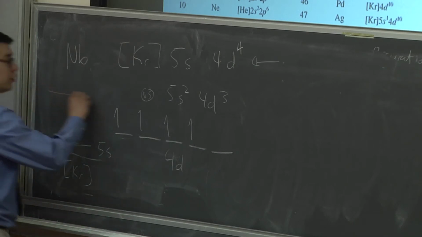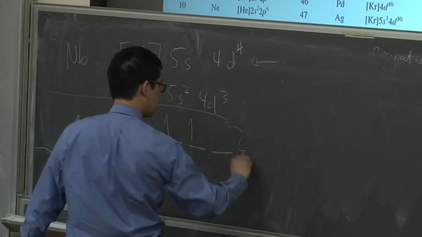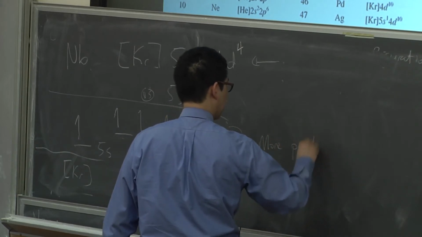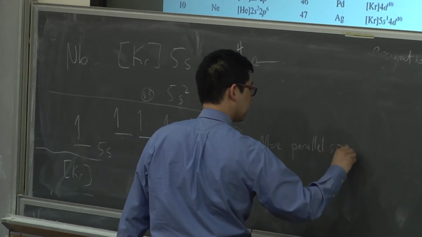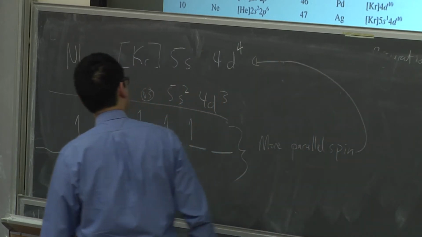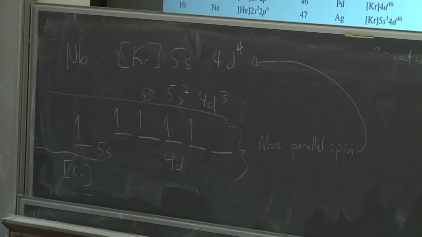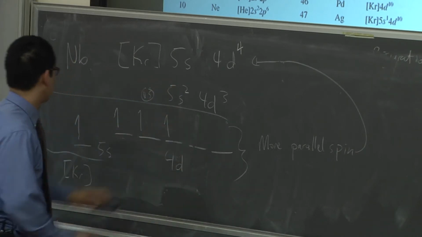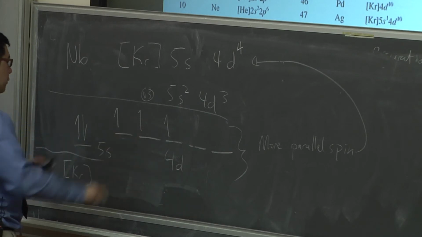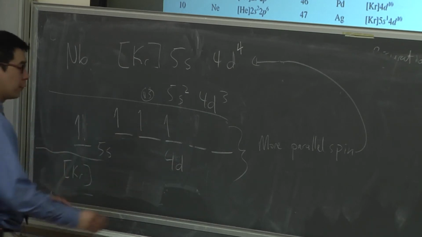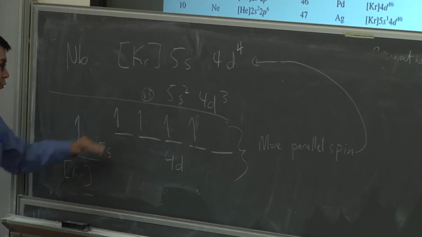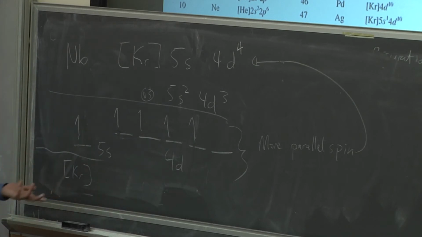So what this enables you to do is get more parallel spin here, in the 5s1 and 4d4. 5s2, 4d3 would have left us like this, only 3 parallel spins. 5s1, 4d4 gives us 5 parallel spins. So because these are so close in energy, having more parallel spins actually is favorable.